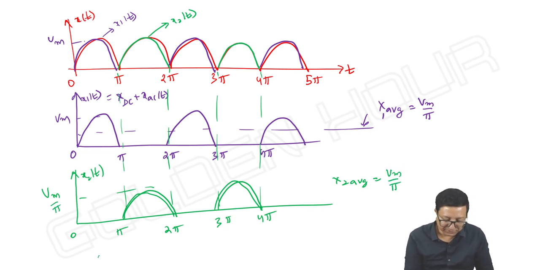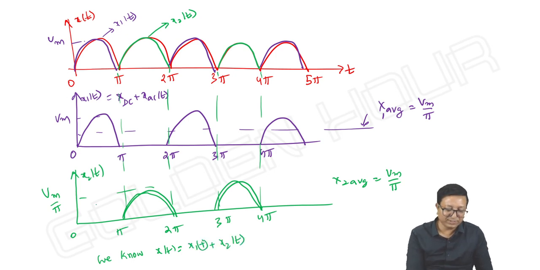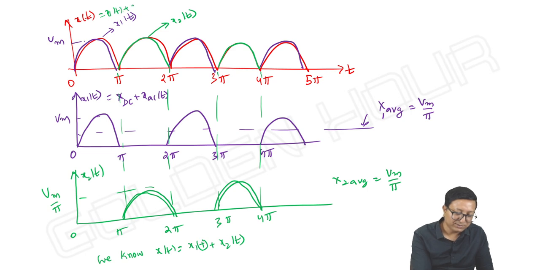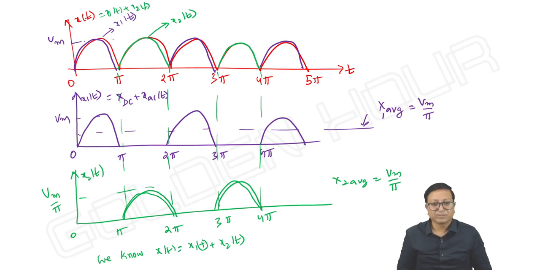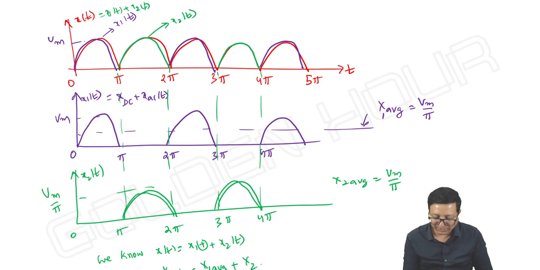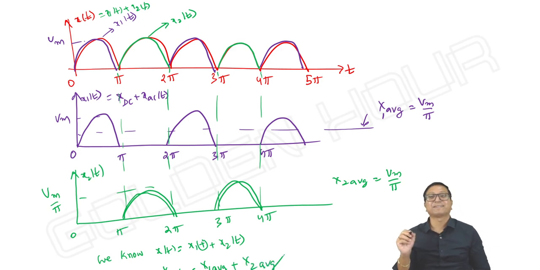Then we know x of t is just nothing but summation of x1 of t and x2 of t. Is it not so? Once you add x1 of t and x2 of t, we get x of t. Then what about the average value? X average is simply x1 average plus x2 average.